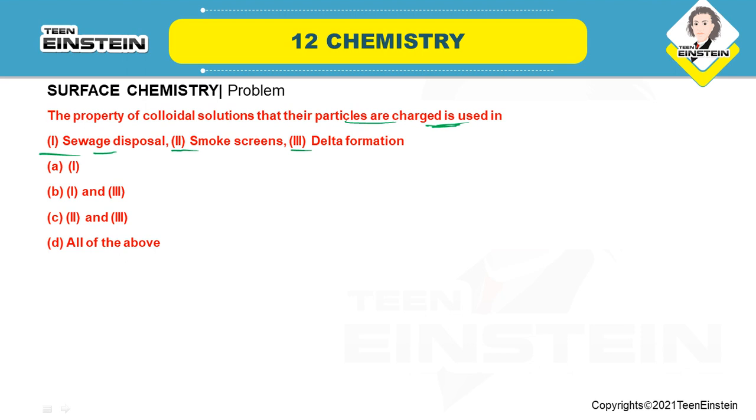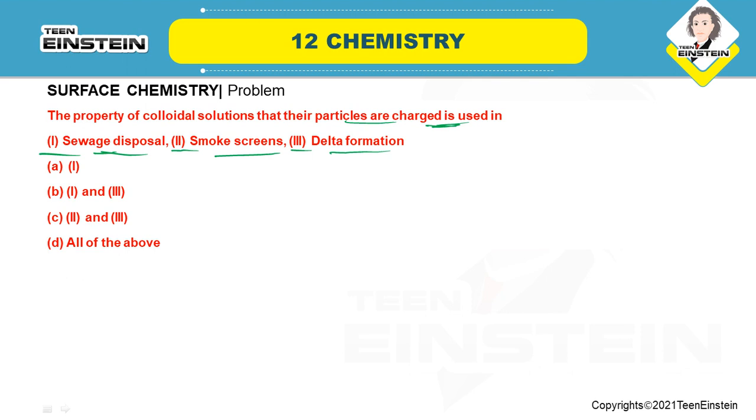So this is one application, that is the industrial application. Smoke screen is used to hide the troops. And delta formation is also a natural type of formation where the river finally meets the sea, and the nature of the charge of the colloidal particles of the sea and the particles of the river are opposite to each other.